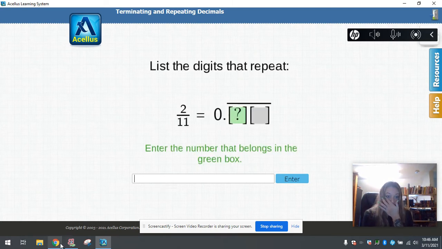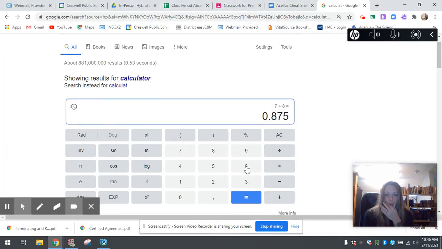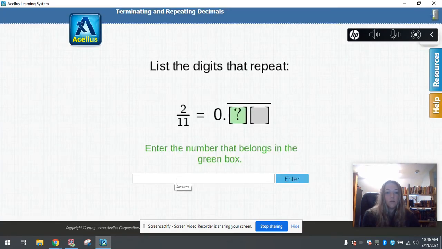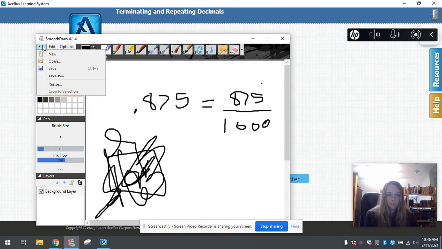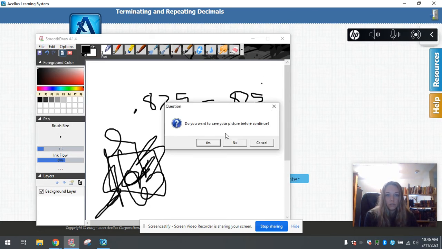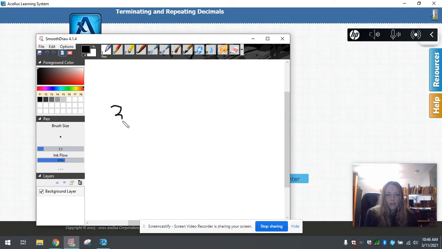2 divided by 11. 2 divided by 11 equals 0.1818181818. 3 divided by 5. Well, I know this one off the top of my head, and I'm going to show you here's why. I know it's 0.6. Because I know 3/5 is equal to 6/10.